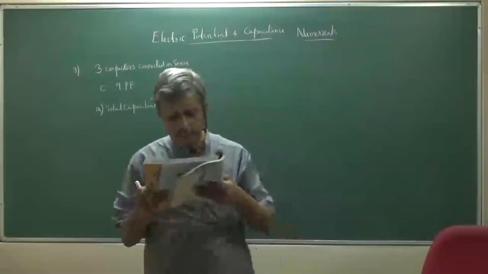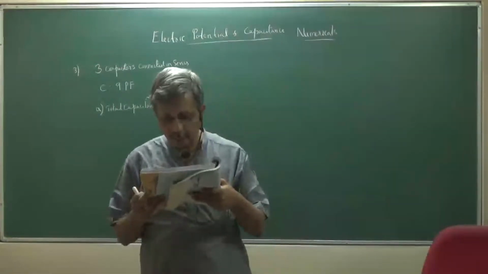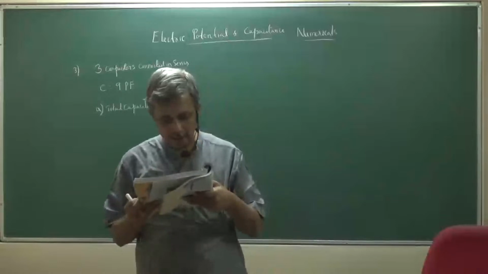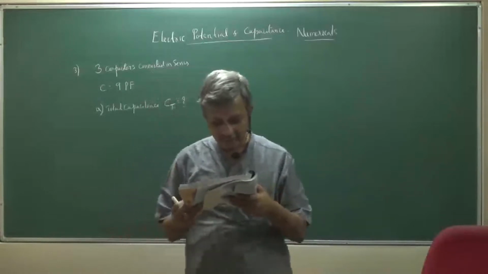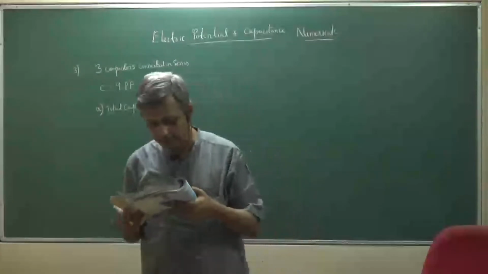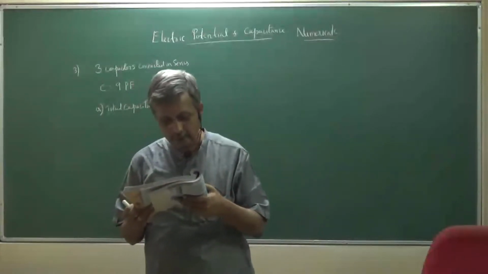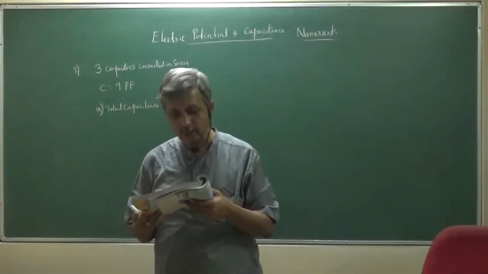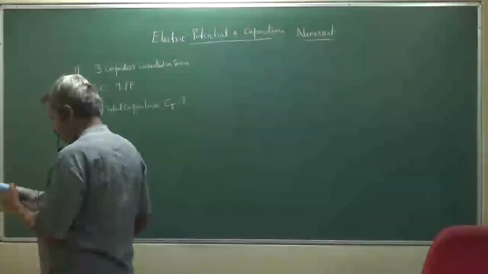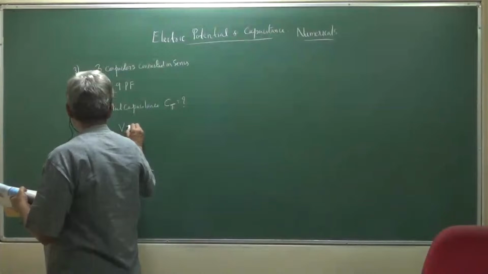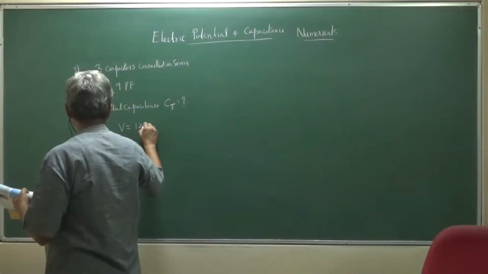Second point is, what is the potential difference across each capacitor if the combination is connected to a 120-volt battery? So B is, they have said that V total is 120 volt.